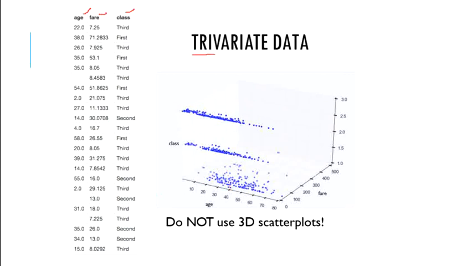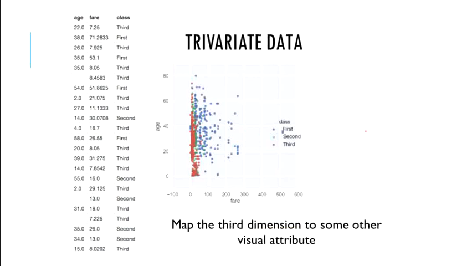One thing that we need to note over here is that there is no point in using 3D scatter plots. If I plot all of this data in three different dimensions, there's not much information that I'm extracting at all. It is rather more useful to map the third dimension to some visual attributes. So now I have first class, second, third, and I'm using this more as labels than a unique feature in itself.